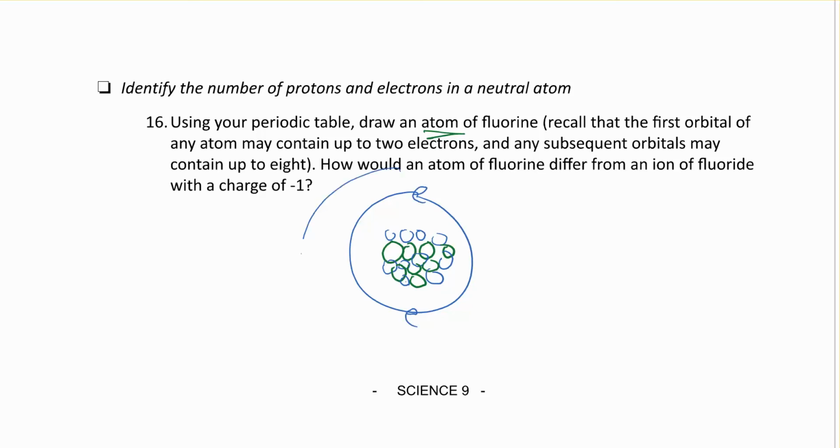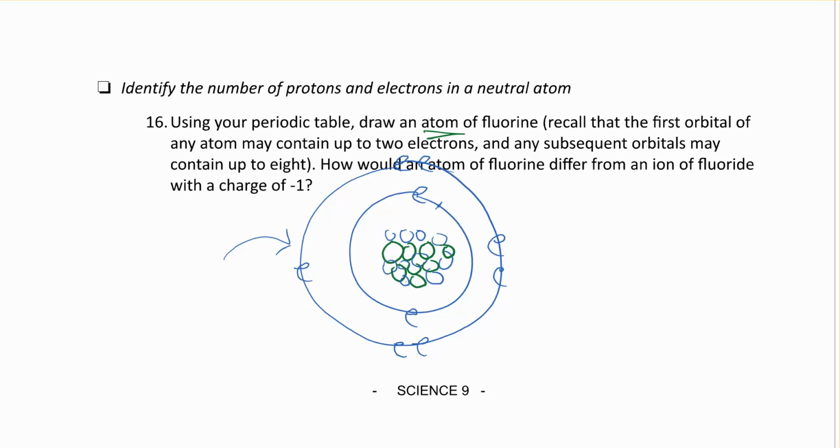And then the next orbital, you'd have 1, 2, 3, 4, 5, 6, 7. So in total, I've got 9 electrons around the outside. This one wants 1 more electron to complete its next shell. There's only 2 electrons allowed in the first shell or orbital, and 8 allowed in the next one.